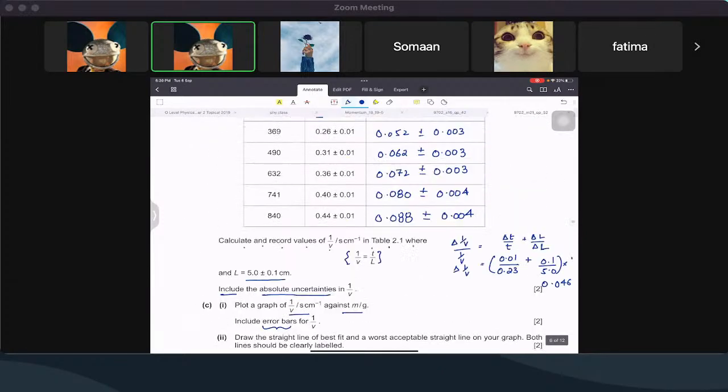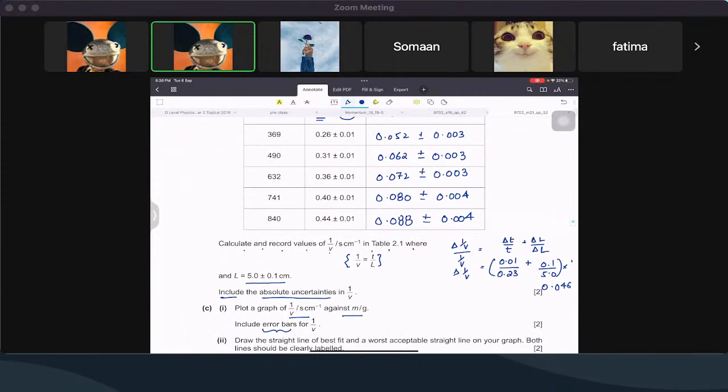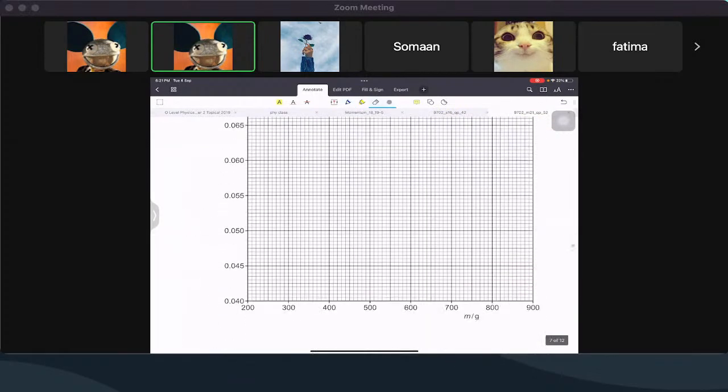So first of all, we're plotting 0.046 against m. The first value is 0.046 and 271. So we go to 271.